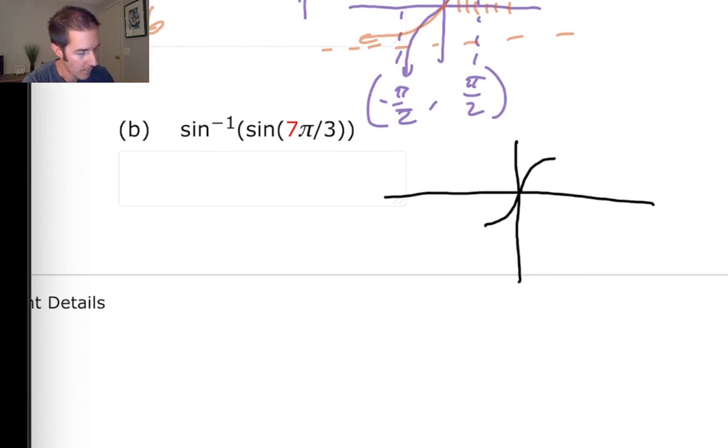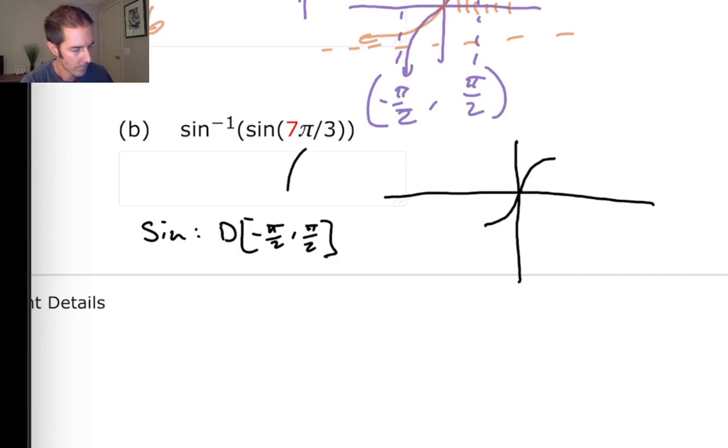For sine, the domain goes from negative pi over 2 to pi over 2. That's the domain of the restricted sine function. Is 7 pi over 3 in that domain? I don't think 7 pi over 3 is in there. 7 pi over 3 is larger than 2 pi for that matter.